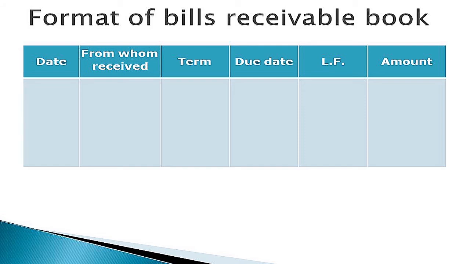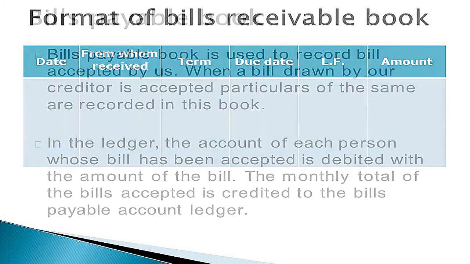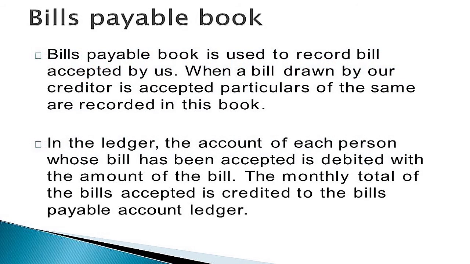This is the format for the bills receivable book. And the bills payable book. The bills payable book is used to record bills accepted by us. Usually, we buy goods from suppliers, and suppliers supply raw material to us. Instead of payment, we postpone the payment. For that purpose, we accept a bill.